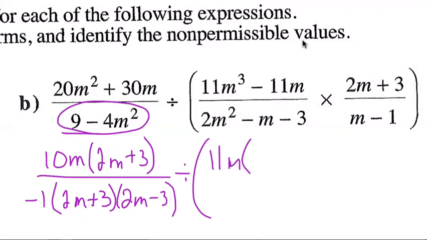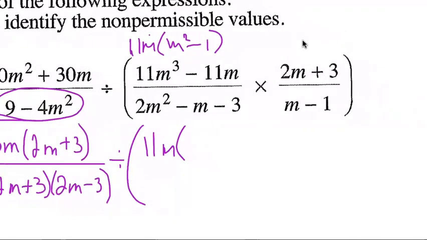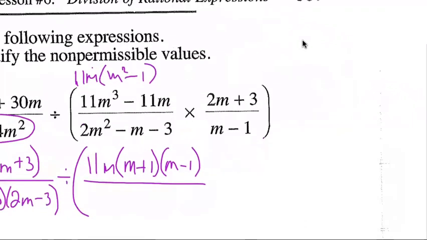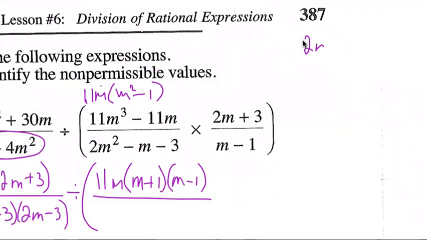If I take out an 11m, that's going to leave me m squared minus 1, which is difference of squares. So this would be m plus 1, m minus 1, all over, factor by decomposition, 2m squared minus m minus 3.